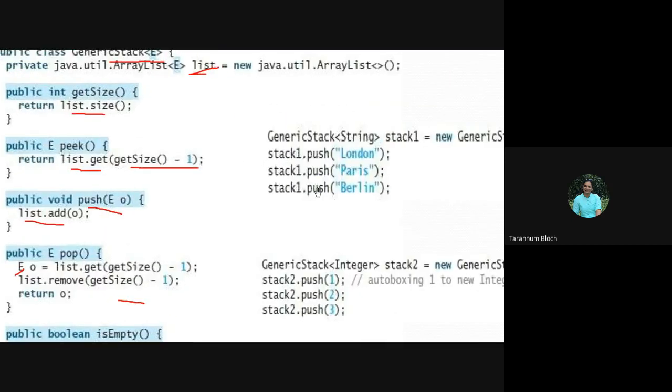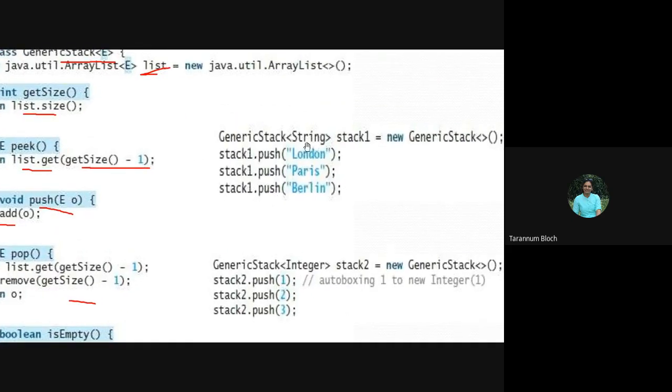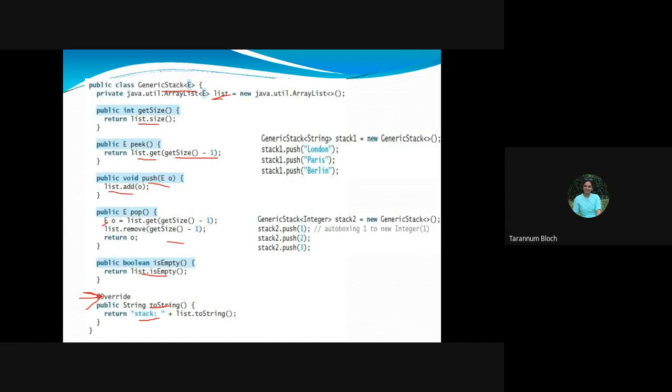We have created a generic stack of string and a generic stack of integer. Are you understanding the concept? What we did is GenericStack declares a class, and when we specify E in the angle brackets, it means we are going in general.